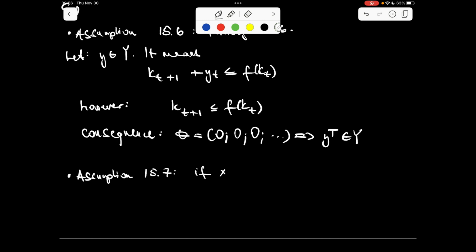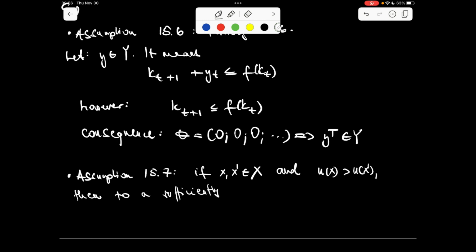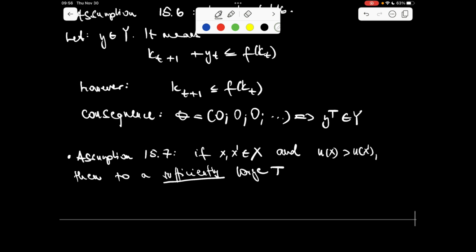So if we have two consumption paths in the consumption set, and the one is preferred to the other, then to sufficiently large T, capital T, the truncated version of the preferred path remains preferred.